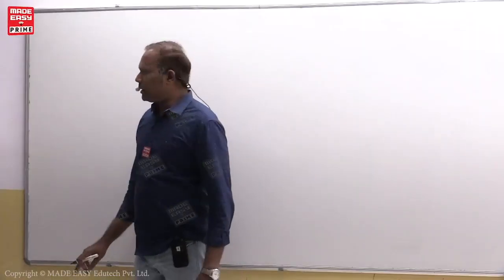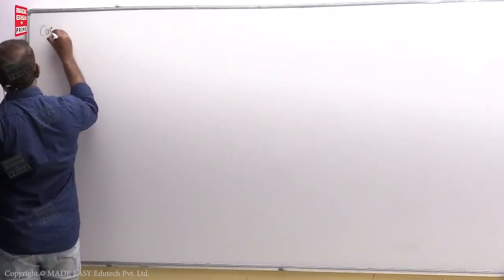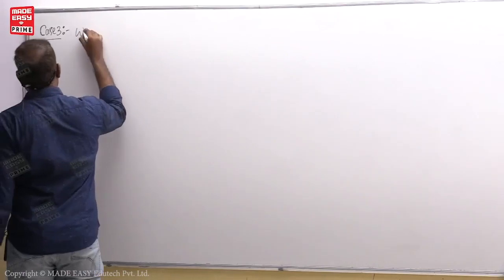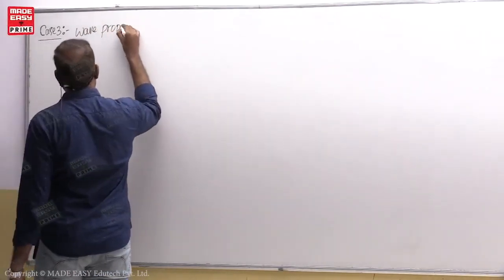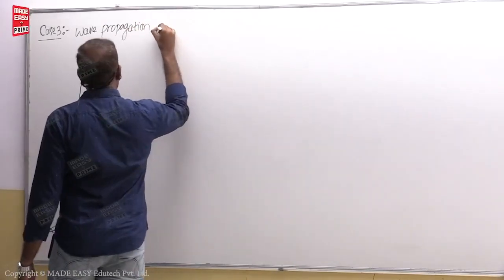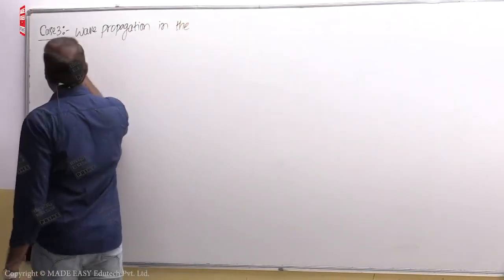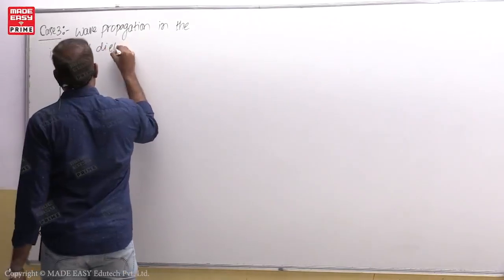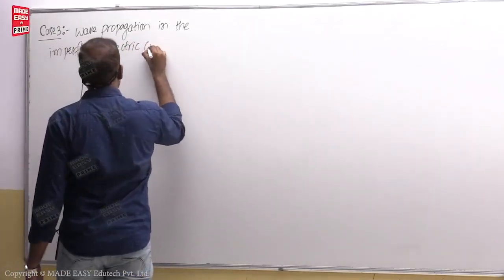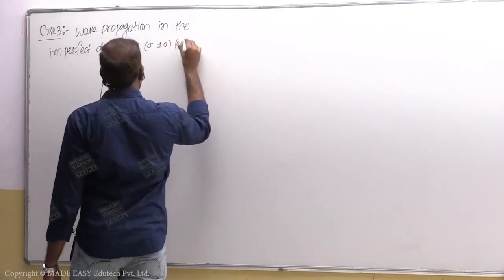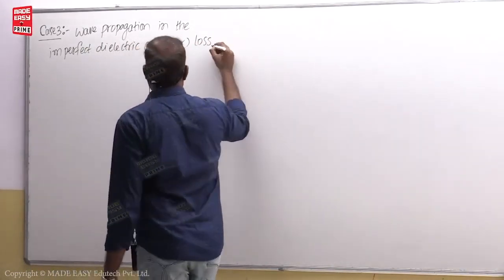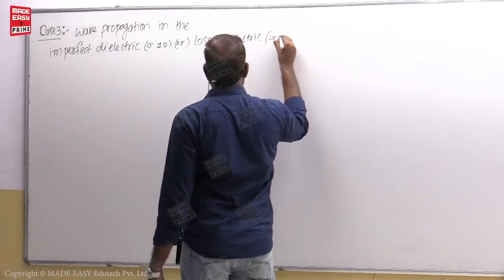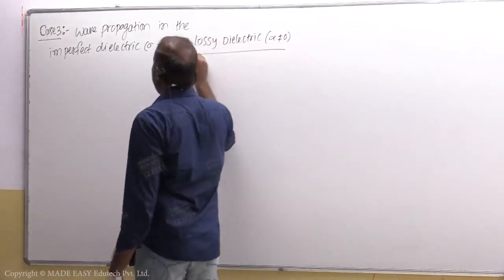So case 3: wave propagation in the imperfect dielectric, that means sigma is not 0, or otherwise lossy dielectric, that means alpha is not 0 for this, that is the meaning.